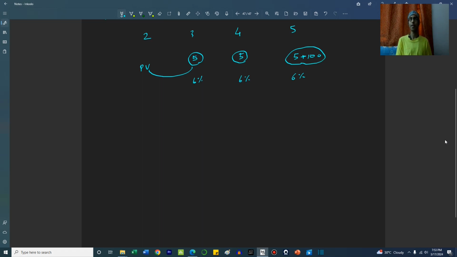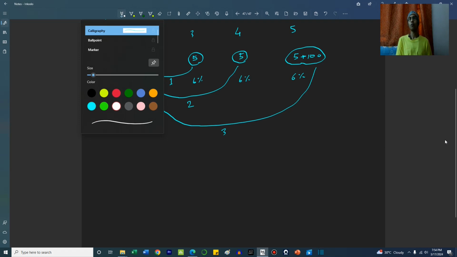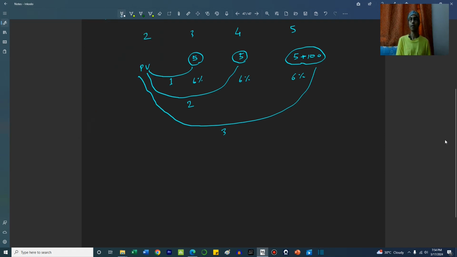So this will mature in 1 period, this will mature in 2 periods, right? And this one will mature in 3 periods, right? So it's easy now to find out the present value, right? PV will be sum of all these 3 individual cash flows.